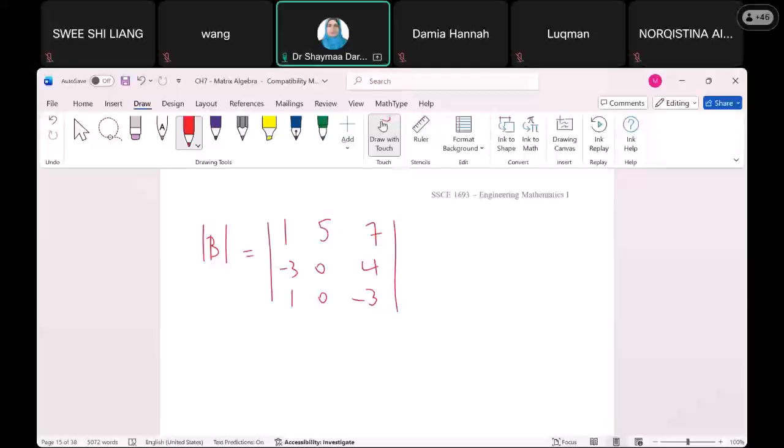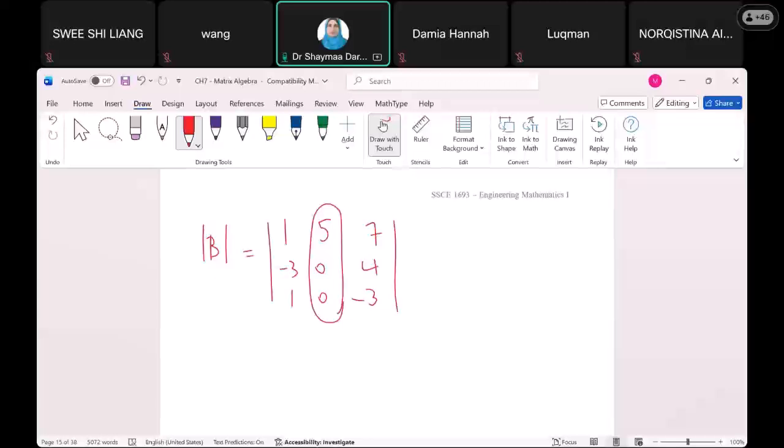You can use the first method by repeating the first two columns and multiplying the diagonals, or you can use the cofactor method. Here you can use the cofactor because I have this column here having 2, 0. So we can work with the second column.